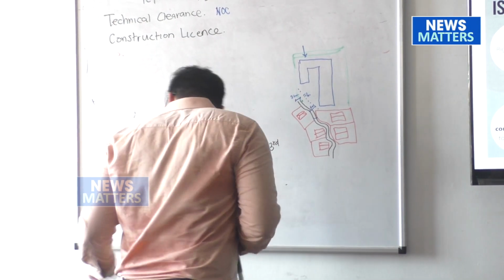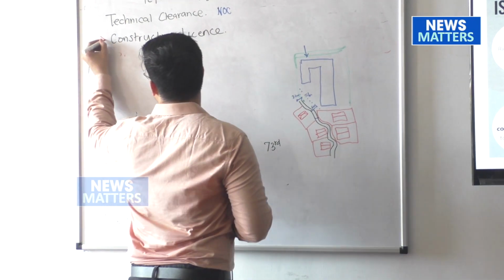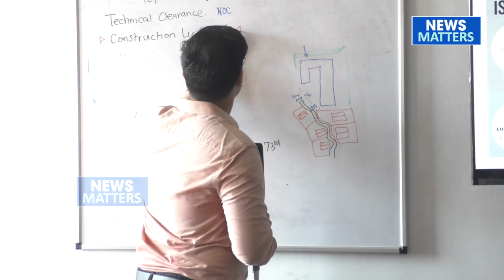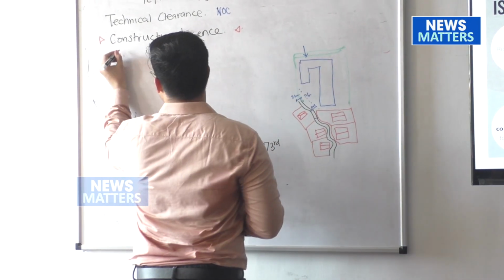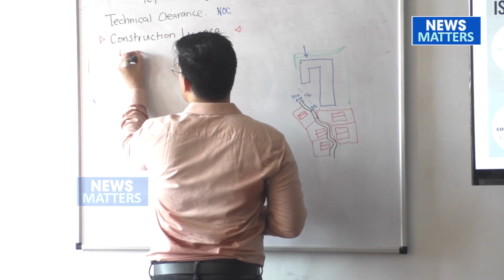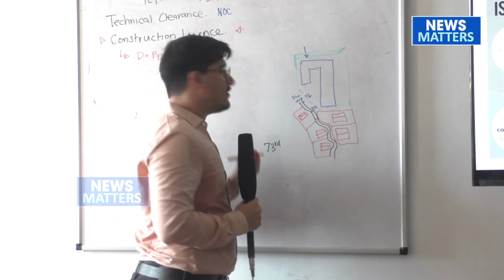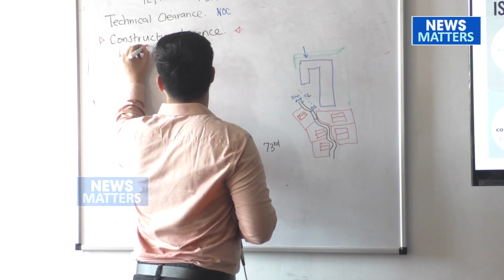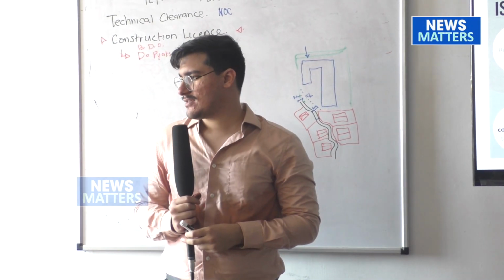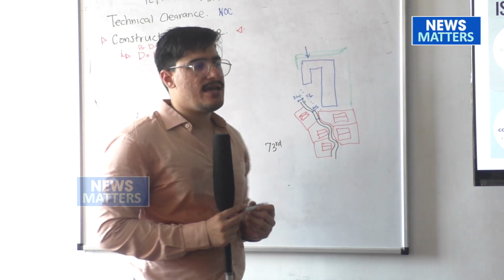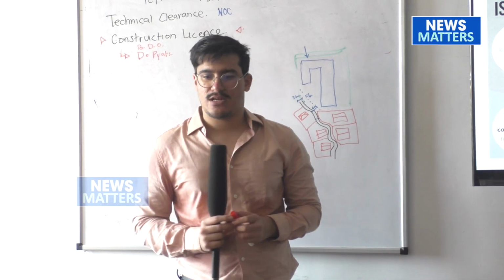Now, I'm not an expert on the Panchayati Raj Act, but what's happening in Goa today, as many of you know, is even if the panchayat stops the technical clearance, there is a provision to appeal it. The builders can go to the director of panchayats and BDO and challenge the panchayat not issuing them the construction license, and the BDO can then overrule the panchayat and force the panchayat to issue a construction license.